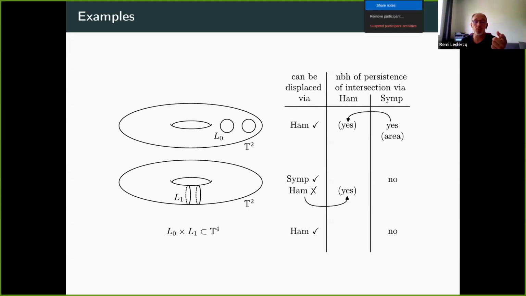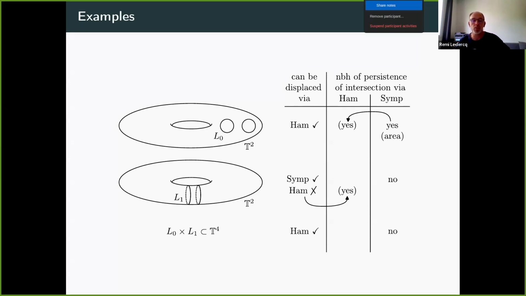And also there is no persistence of symplectic intersection because you can displace the second factor instantaneously by symplectic diffeomorphism. And now the question is, does there exist a neighborhood in which Hamiltonian intersection will persist? And actually, yesterday I prepared the talk and I was like, yeah, of course, because it's yes and yes.